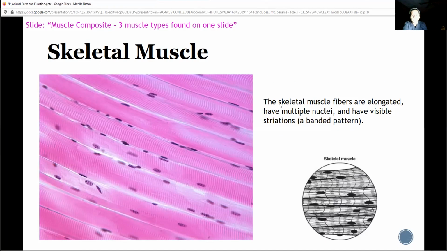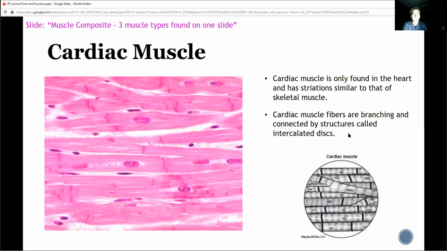So the skeletal muscle fibers are elongated, have multiple nuclei, and have visible striations. So multiple nuclei, that's one of the weird things about them. Most of your cells aren't going to be doing that. And again, they have striations, so that's that banding pattern. Striations just means lines.